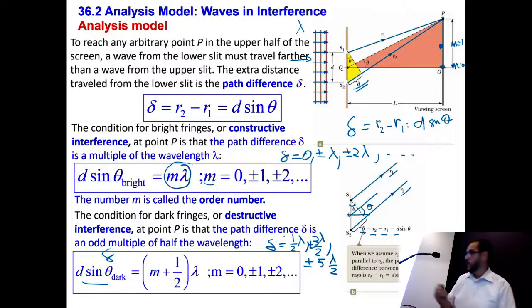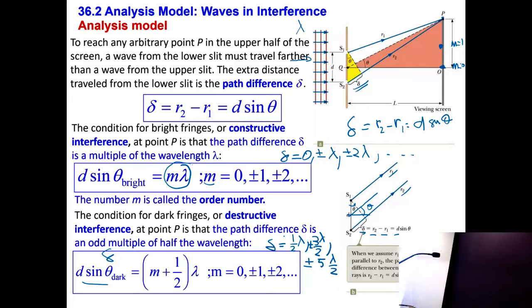So notice, if delta is a multiple of lambda, 0, 1 lambda, 2 lambda, and so on, we get constructive interference. However, if the path difference is an odd multiple of lambda over 2, so lambda over 2, 3 lambda over 2, 5 lambda over 2, then we get destructive interference. The waves will be arriving out of phase.